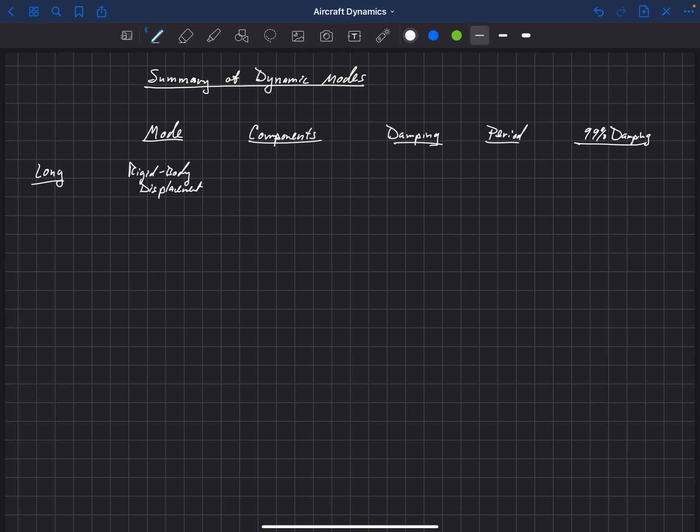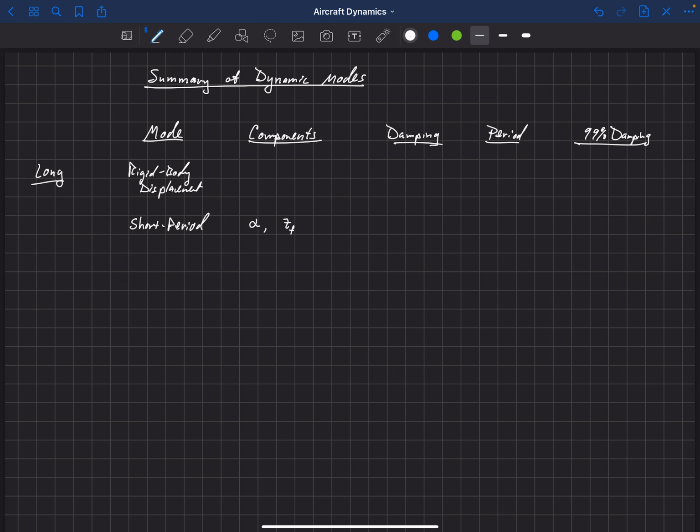But then we got two sets of complex eigenvalues as well. And one of those comes from the short period mode. By looking at the eigenvalues, we were able to see that it is largely composed of changes in angle of attack and altitude, which we call z sub f.